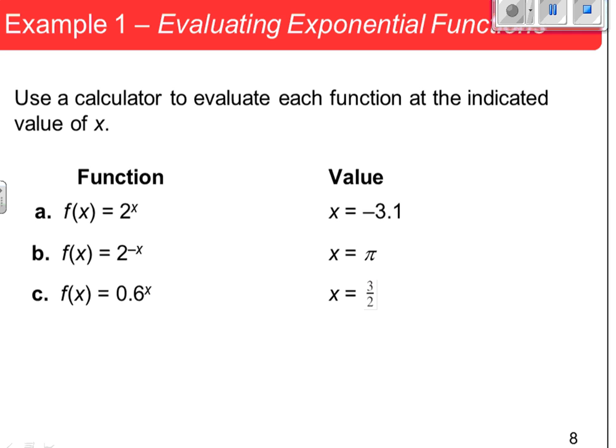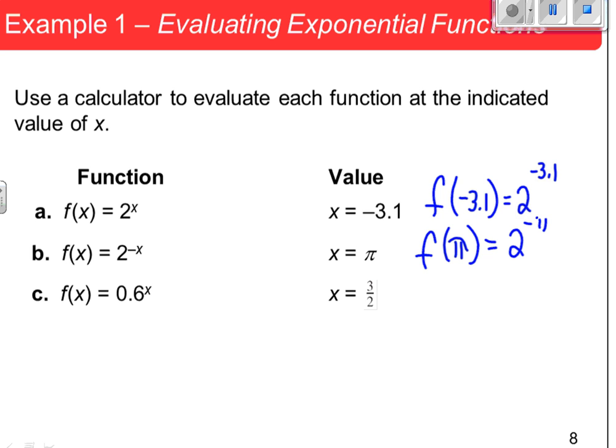And then I'm actually going to just add an extra little thing here, that this is then f of negative 3.1, which is 2 to the negative 3.1. And this is f of pi. And you are going to want to use that pi key, which is 2 to the negative pi. And this is f of 3 halves, which is 0.6 raised to the 3 halves power.